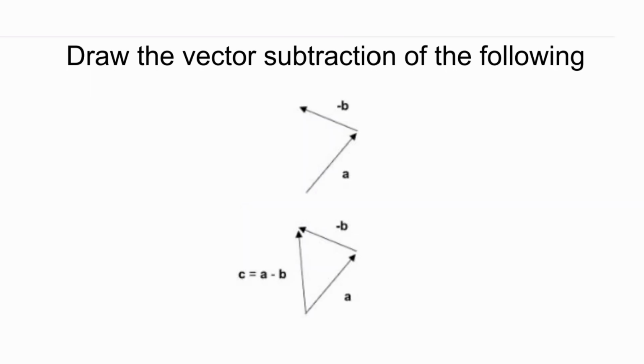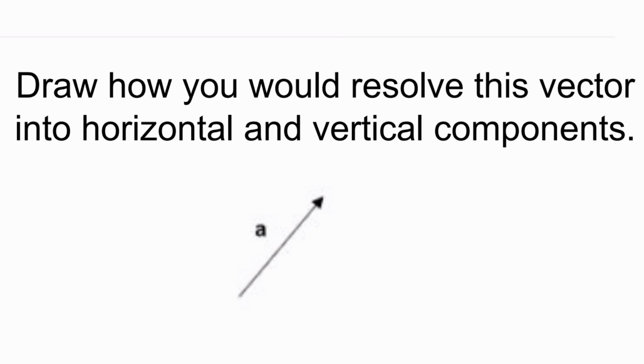I'll make A minus B, which means when I make B negative, I change the direction, because for a vector, when you change the sign from positive to negative, it means the direction of the vector is changing. If you do positive B, negative A, you will again get the same kind of resultant, which is C equals A plus (minus B), or minus A plus B.